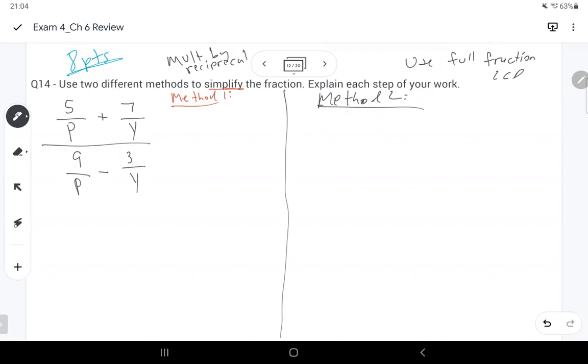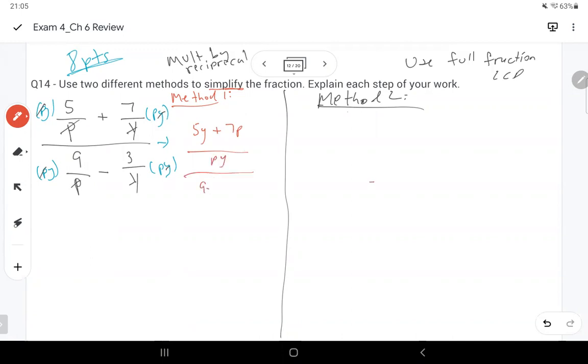Okay, and we'll discuss that. So the first thing you have to do is get them into one complete fraction. So in this case, we multiply everything by PY. And that's just to get into one fraction. P's cancel, y's cancel. So you get 5y plus 7p over py.